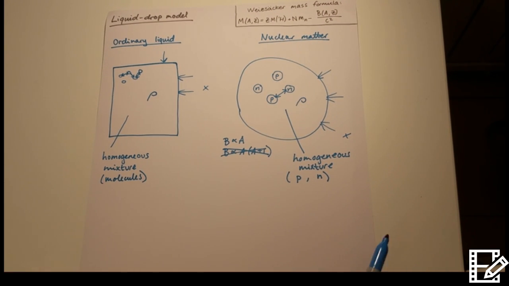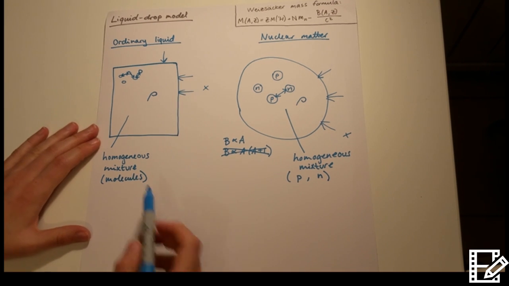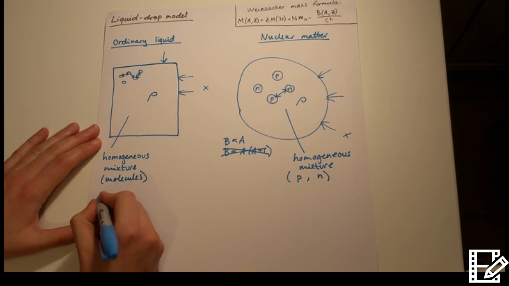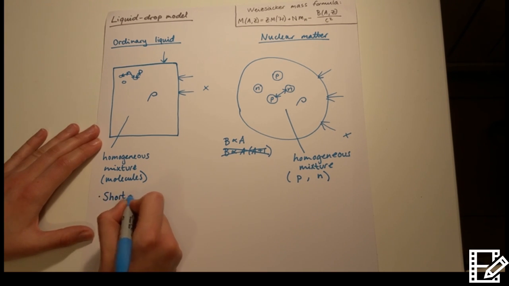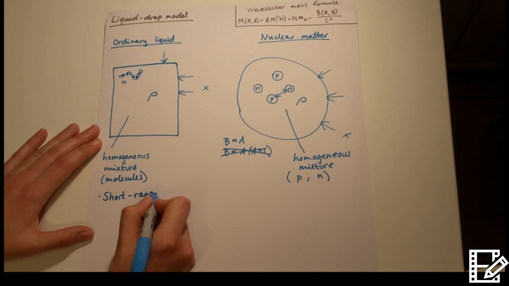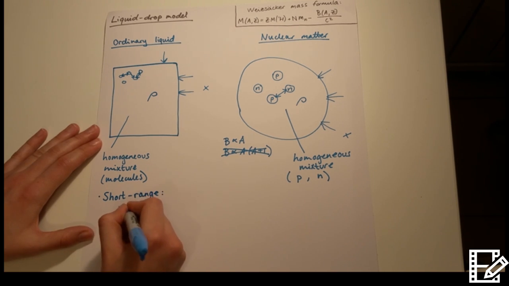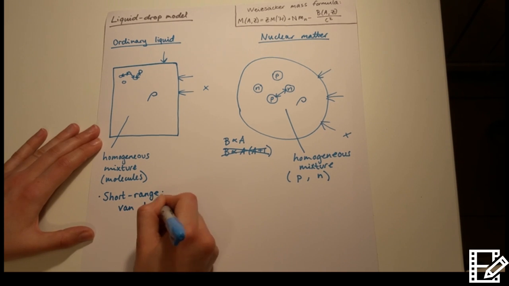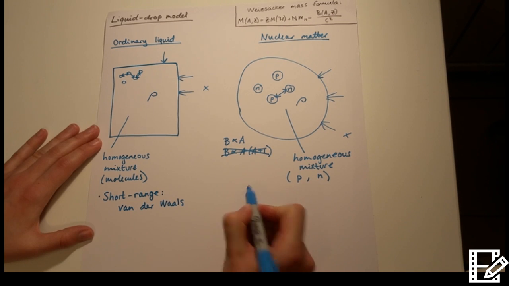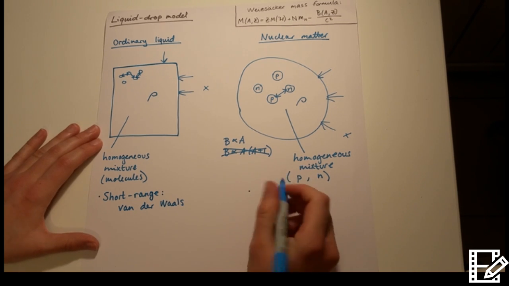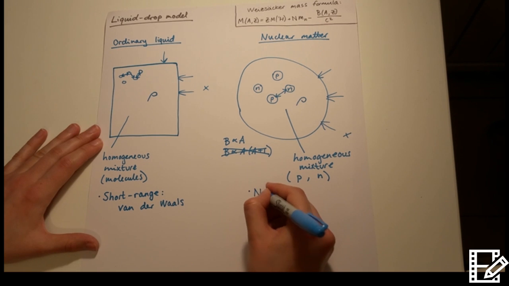Another thing is thinking about the forces. In a liquid, we have van der Waals, which is short range and attractive. In nuclear matter, the equivalent for this is actually the nuclear force.